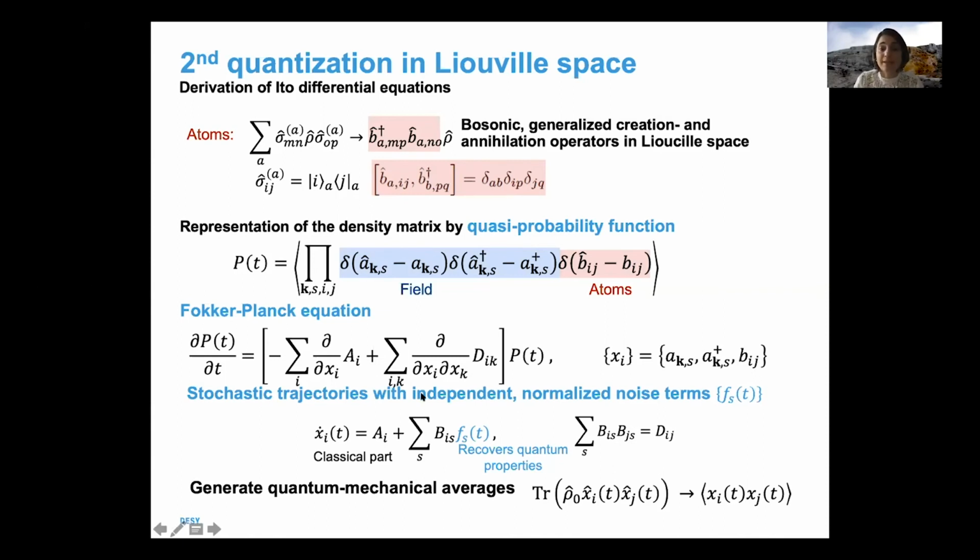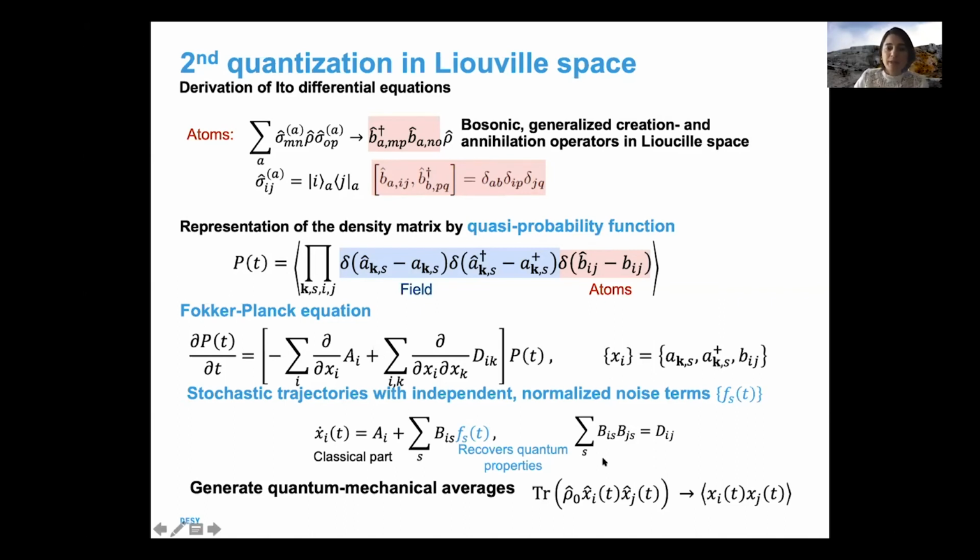Nevertheless, formally we can solve this evolution of the probabilistic distribution function by sampling trajectories. This is given by a classical part of the trajectory and a quantum noise part that recovers the quantum properties of the field.